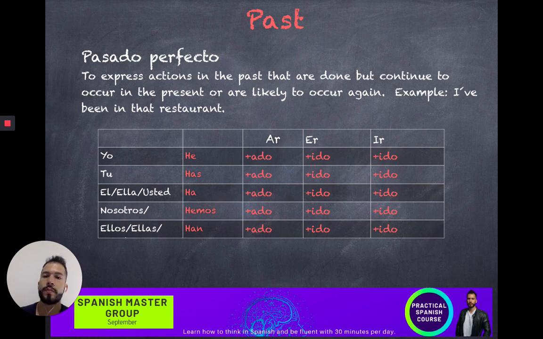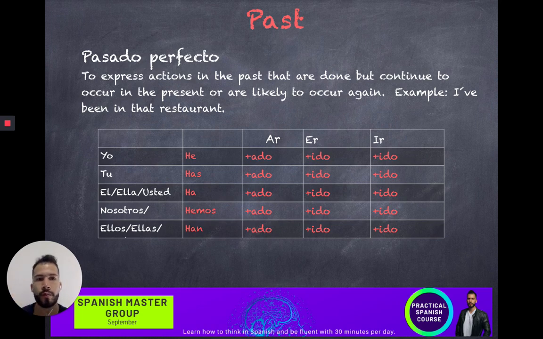So, yo, the thing you have to remember here is that you use he, has, ha, hemos, han. Remember, H in Spanish is silent, doesn't sound. You just put it in the written form, but when you pronounce it, it's silent.